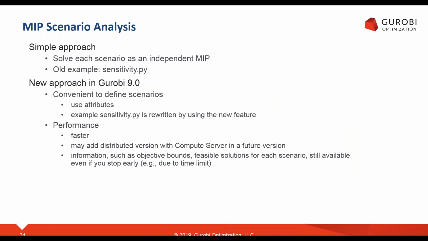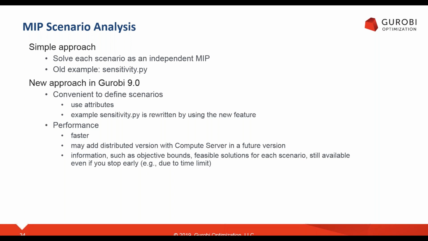Of course, you could already do so with versions prior to Gurobi 9.0, because nothing prevents you from solving each of those scenarios as an independent MIP. Actually, we had an example, sensitivity.py, also available for other programming languages, which did exactly that.